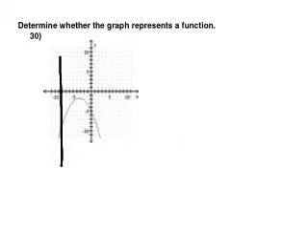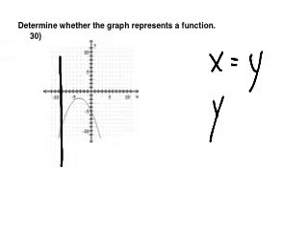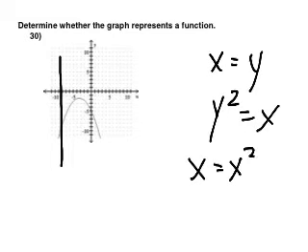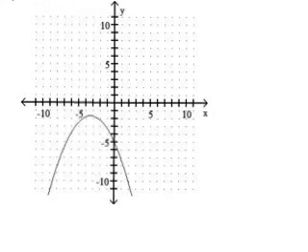There's x equals y. There's y squared equals x, which is actually not a function. There's x equals x cubed minus x squared plus 1. There's lots of different relations, but only some of them are functions. Let's take a different type of example. Let's say that these are the x's.